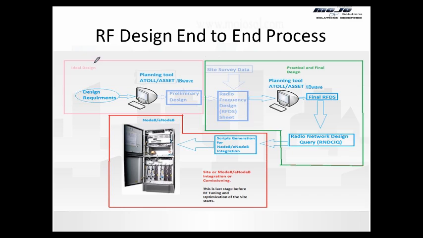When the design requirements get into the tool, we are able to calculate the number of sites for a given city or given place. That number of sites is basically a rough estimate, which is usually part of a nominal design. You will see people using these terms in some places and not in others. This design is even before the preliminary design.